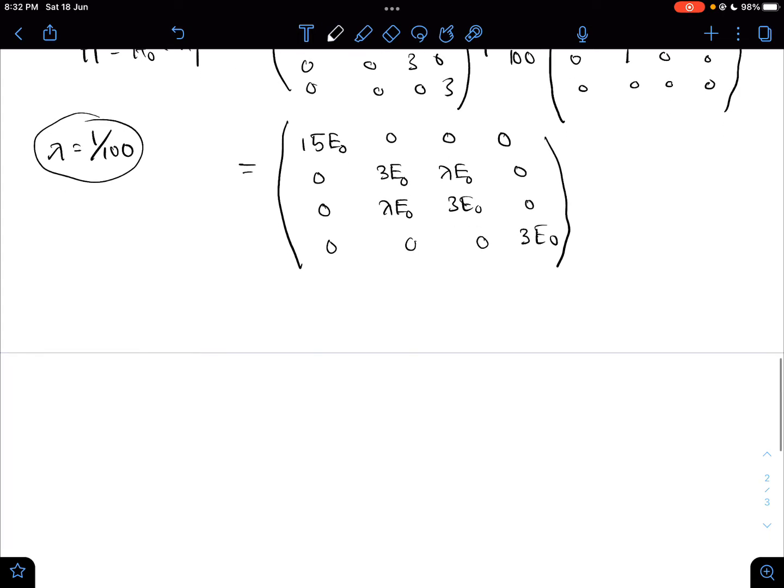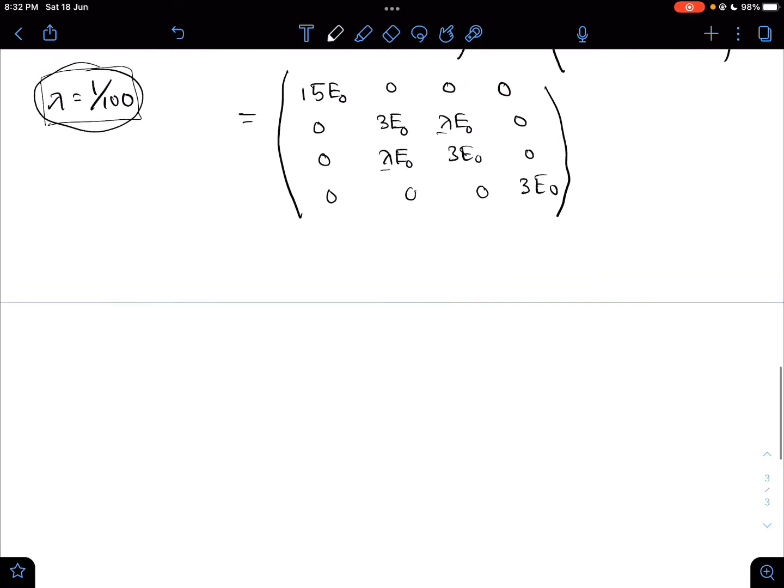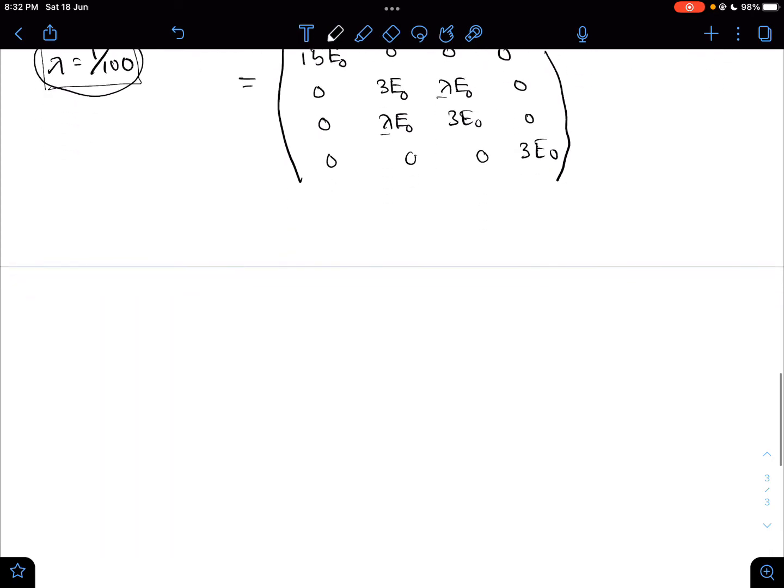So this is our total Hamiltonian, where lambda is for keeping track of the perturbation, given as 1 by 100. Now we have to find the eigenvalues of this Hamiltonian.